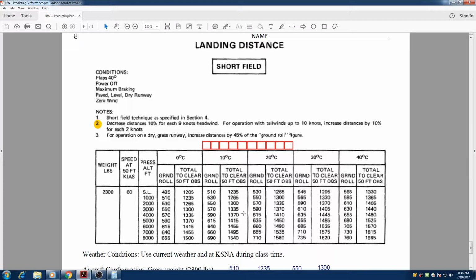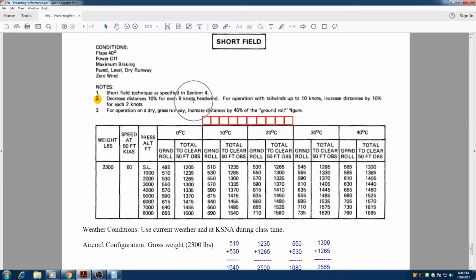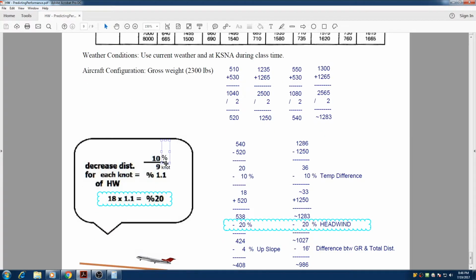Also, we need to consider note number 2 that says decrease distance 10% for each 9 knots of headwind. So what does that sentence mean? It means that if 9 knots of headwind is 10%, then each knot of headwind is going to be only 1.1%. How do we get that?